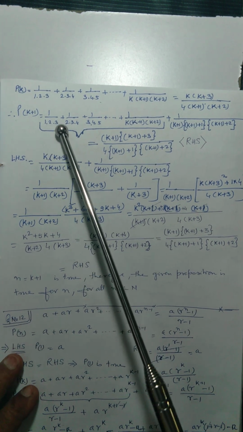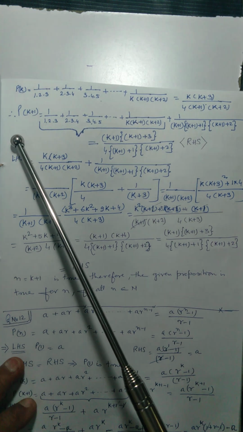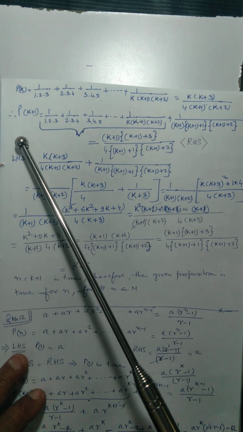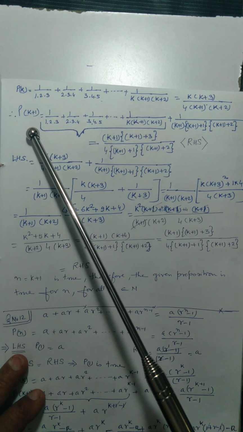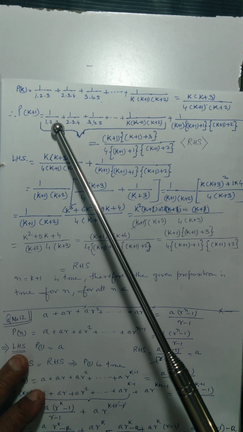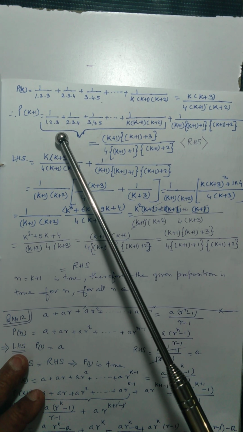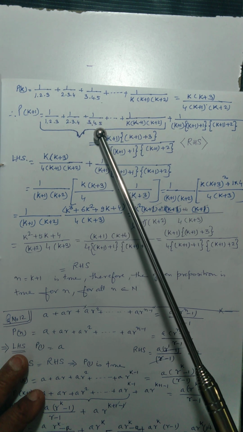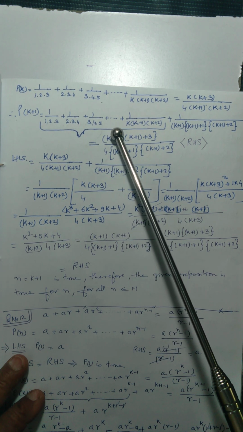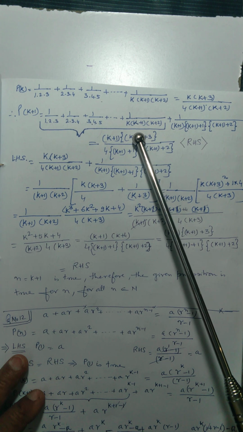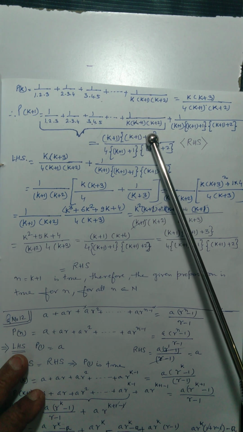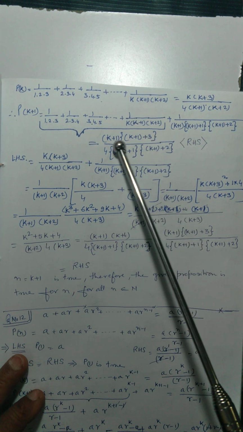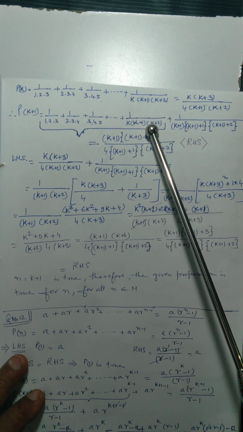Now if it is true for k, let us prove for Pk plus 1, that it will be equal to 1 upon 2 into 3 plus 1 upon 2 into 3 into 4, 1 upon 3 into 4 into 5 plus dash dash 1 upon k in bracket k plus 1 k plus 2. This is the upper statement.